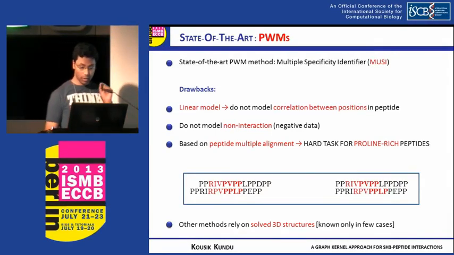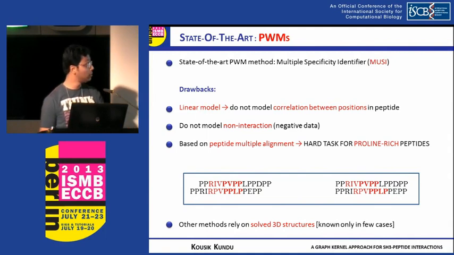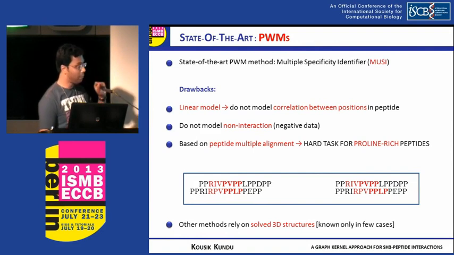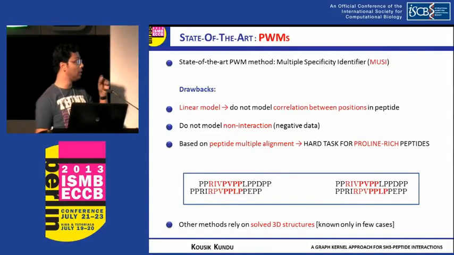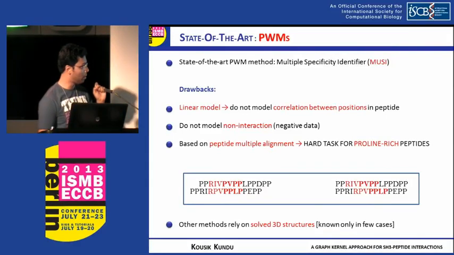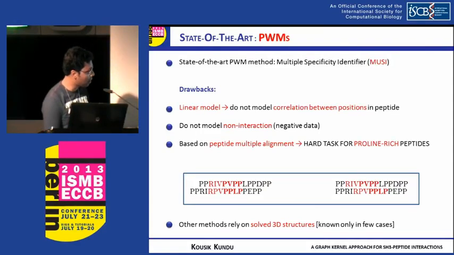The methods are also based on peptide multiple alignment, which is a very hard task for proline-rich peptides. For example, if you have two peptides containing a class 1 motif and you want to get a very good PWM, the peptides should be aligned in this kind of alignment.